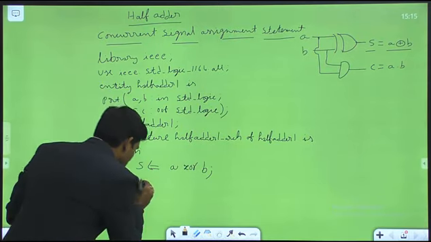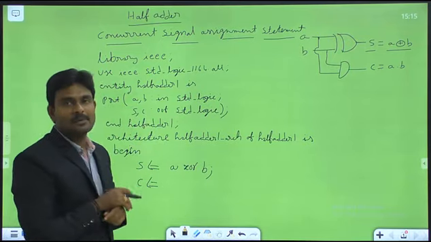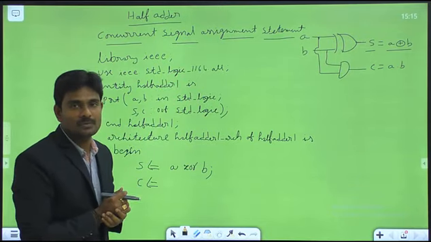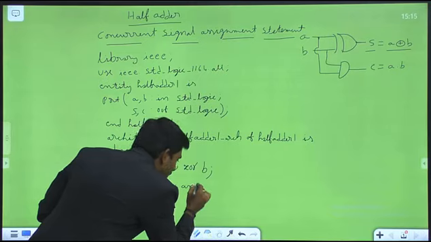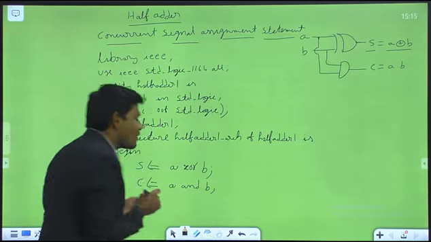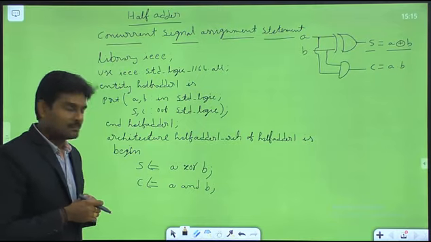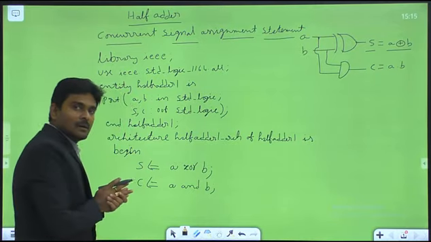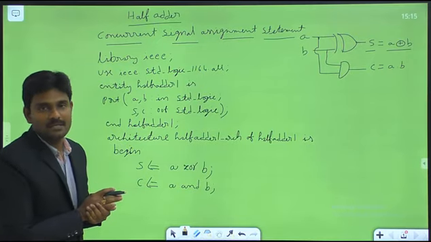And next to that, carry. C less than or equals to, so how do you get the carry? By performing the AND operation between the given inputs, so A and B. We have the predefined built-in operator AND as well. Considering that built-in operator, here I directly realized that functionality.